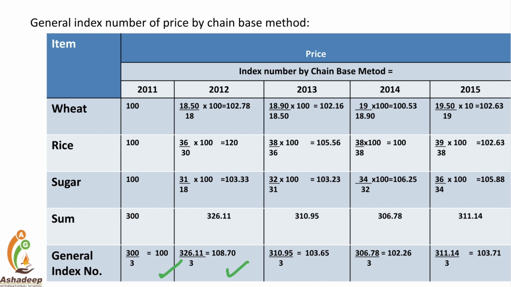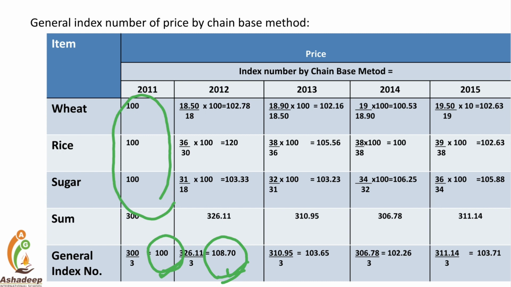It indicates that if you purchase some quantity of wheat, rice and sugar in the year 2011 for rupees 100, to purchase the same quantity of the same items you have to spend rupees 108.70. We can say that we have to pay more by rupees 8.70 in the year 2012 compared to 2011.